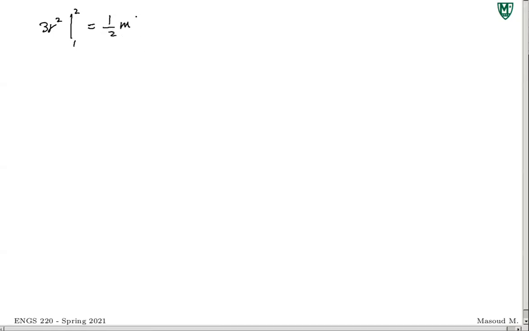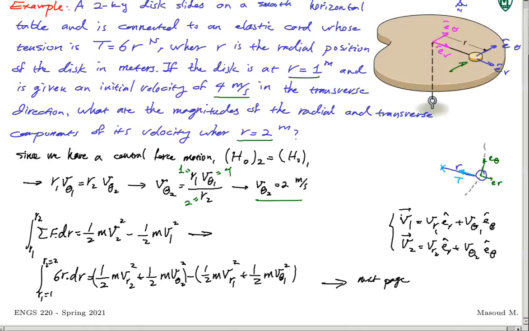I can take m out, it's a constant. This is vr2 squared plus v theta 2 squared minus vr1 squared plus v theta 1 squared.